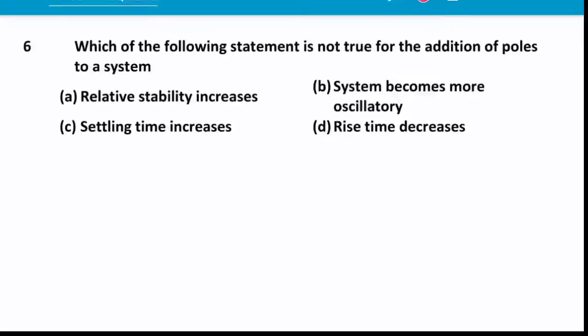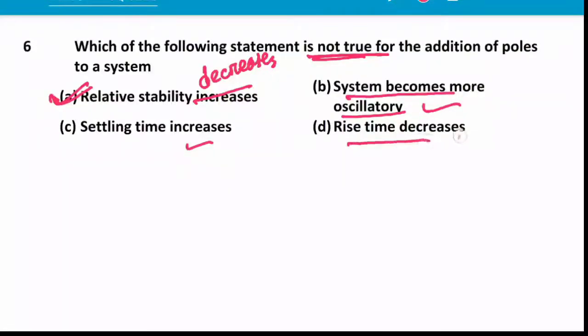So here the answer is option A, because the statement asked is not true for addition of poles to the system. When poles are added to the system, relative stability decreases or reduces, and option B is correct, system becomes more oscillatory. Option C, settling time increases, this is also right.